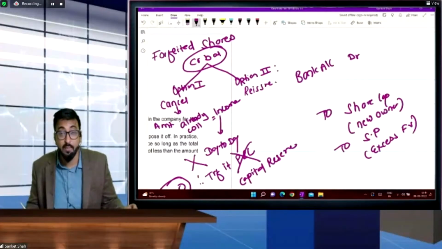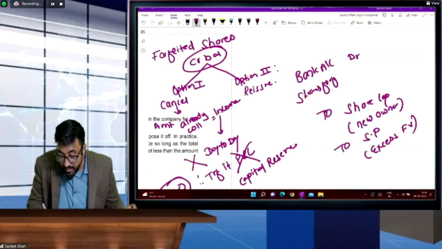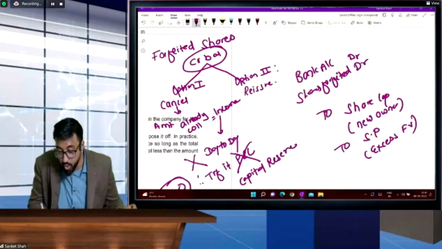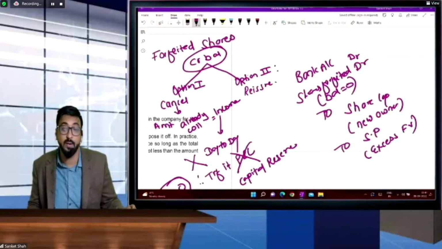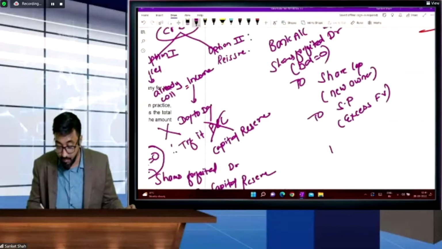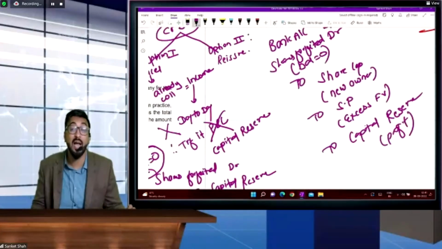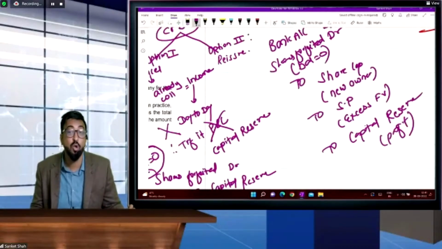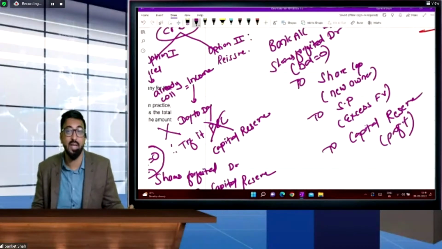Shares forfeited is now given to the new owner, so the balance in shares forfeited becomes 0. And the balancing figure you will transfer to capital reserve. This is a profit. Money from the new owner plus money from the old owner minus share capital is your extra profit, that is capital reserve.